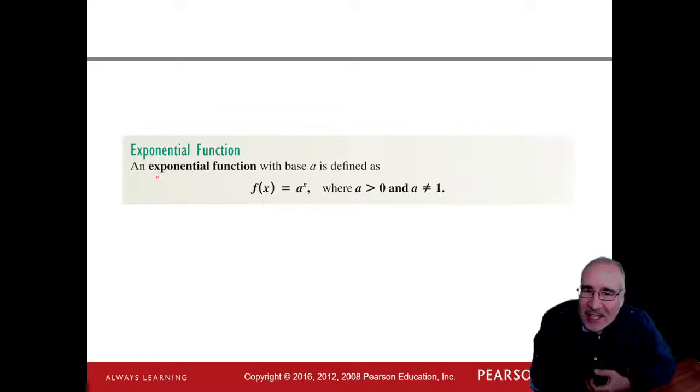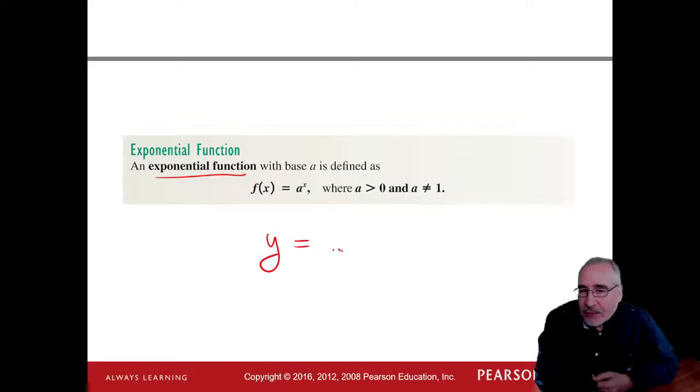Okay, exponential functions. Now again, this is where I don't particularly like this book. They use a to the x. Most other places will say that an exponential function is y equals a times b to the x, with b for base. Well, they're going to use a for this, so I guess this is what we do with the letters.